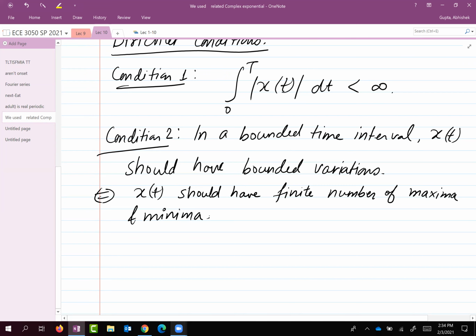And we'll talk about some examples that do not satisfy condition 1, 2, or 3.